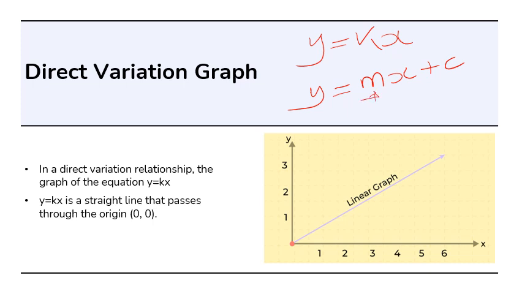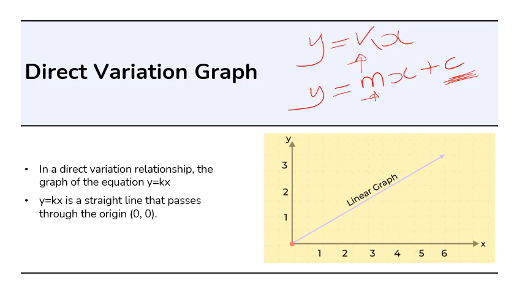It's the same stuff, because this one is also the equation of a straight line. Where they differ is here: this c is the y-intercept, where your line cuts the y-axis.